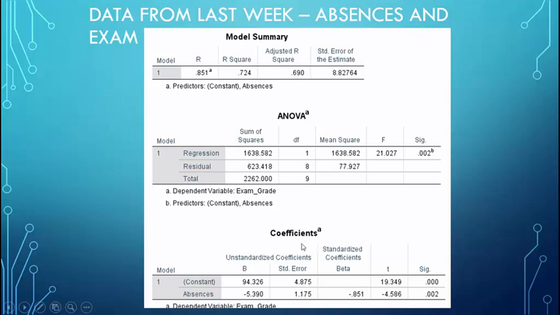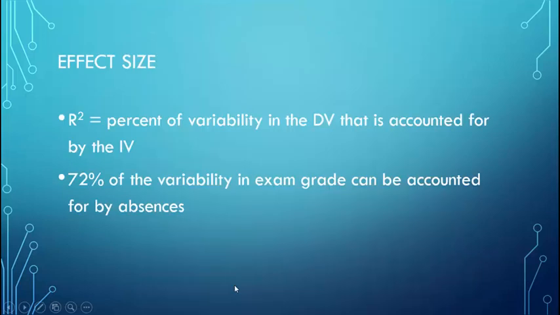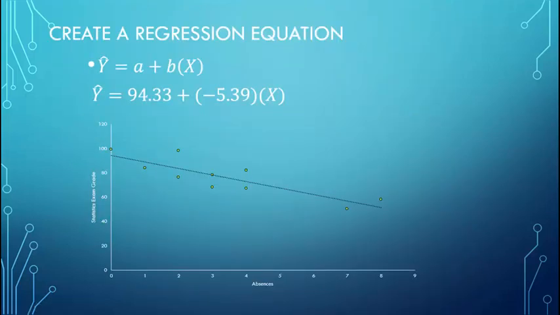And then we skip this whole ANOVA table, and all we need to do is go down to coefficients, and you want this column that says B. It gives you a constant, 94.362. This is your y-intercept. And then under here, absences, this is your slope. These are the only two numbers we need for our regression analysis, and we can put those in an equation for a line.